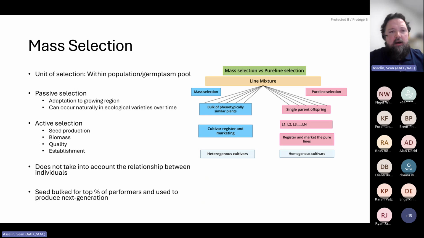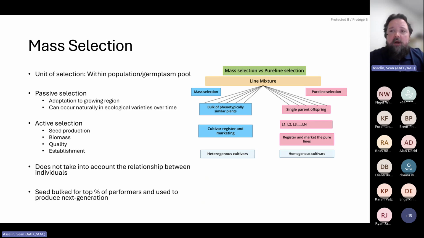Going on to one of our selection cycles, mass selection. When we conduct mass selection, we're looking at variation within a population or a germplasm pool, highlighted in blue there. Essentially, it's like taking a mixed bag of Lego, or a mixed bag of marbles, and you're selecting based on one characteristic across the entire population.